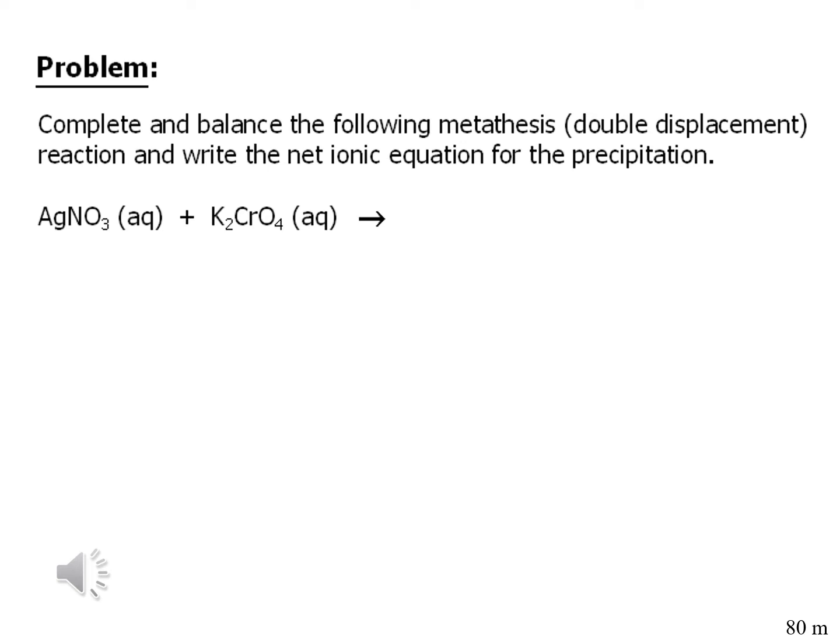You're supposed to be able to predict which type of reaction will occur. You're supposed to be able to write the products yourself by crossing or by covalent bonding or whatever. Then you're supposed to be able to balance, and if it's in solution, write a net ionic equation. That is a problem that you have all the knowledge you need to do.